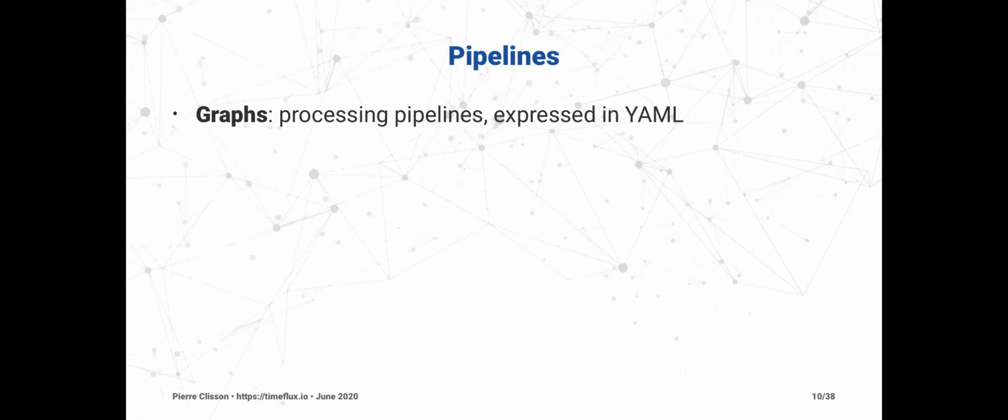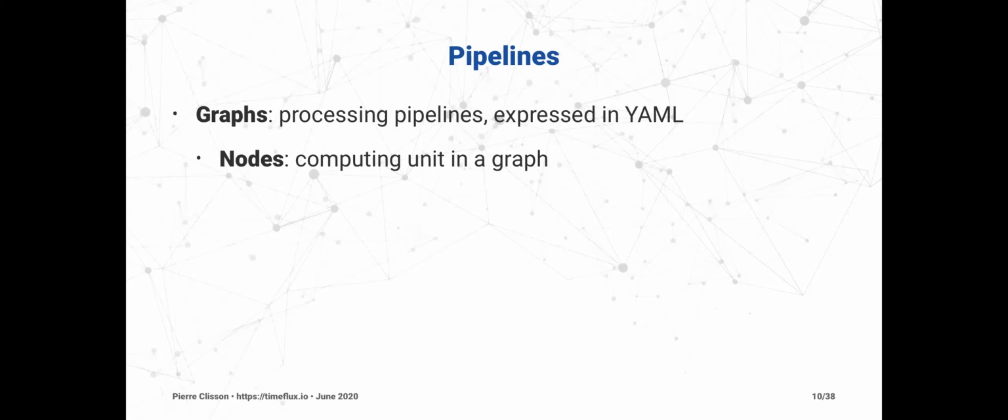And the graph is composed of nodes. Nodes are the computing unit in a graph. For instance, there will be a node to connect to a device and get data from a device. Another node to window the data, that is, cut the data into small, overlapping chunks.